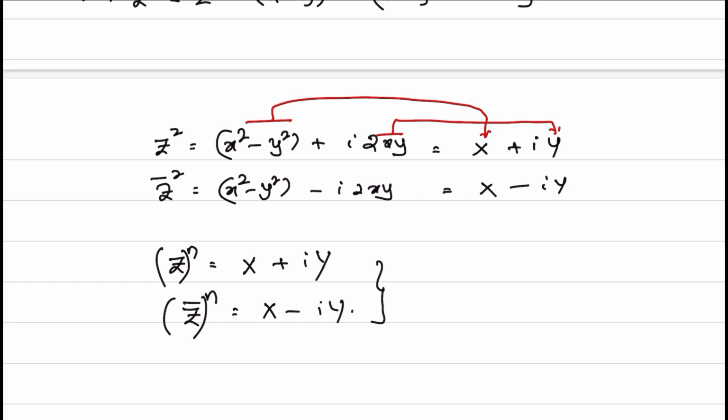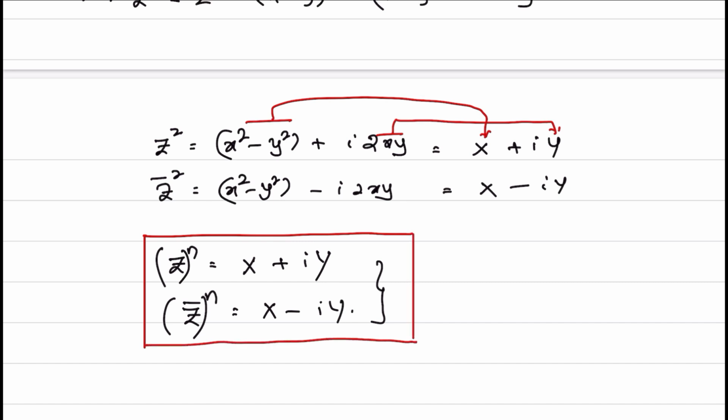Please try to understand how it has come. Please think over. Mathematics is thinking and doing.